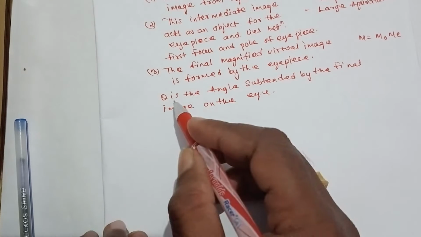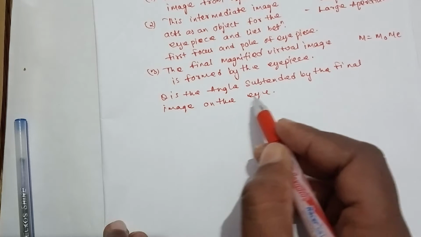As we have discussed, theta is the angle subtended by the final image on the eye.